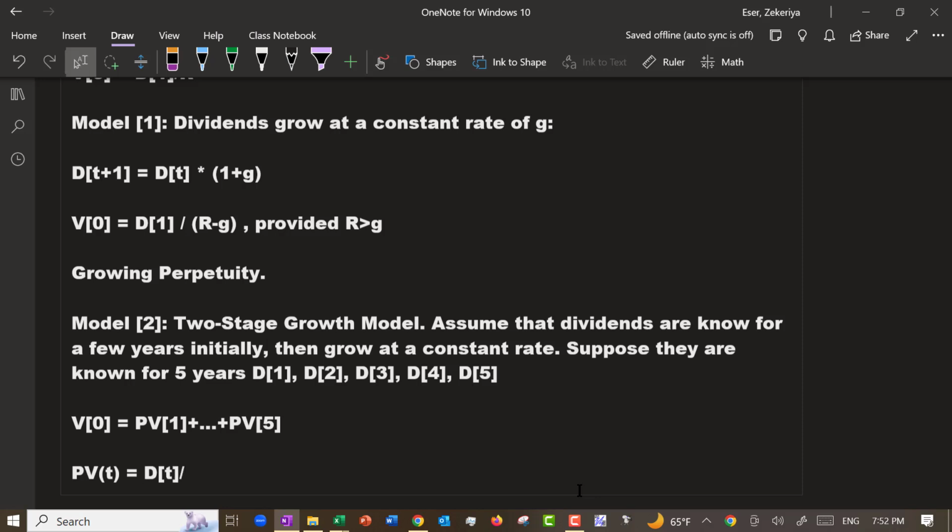And value 5 is simply going to be dividend at period 6 divided by R minus G. I'm basically discounting that value that I will get in 5 years to today. And D6 is going to be known: D5 times 1 plus G.